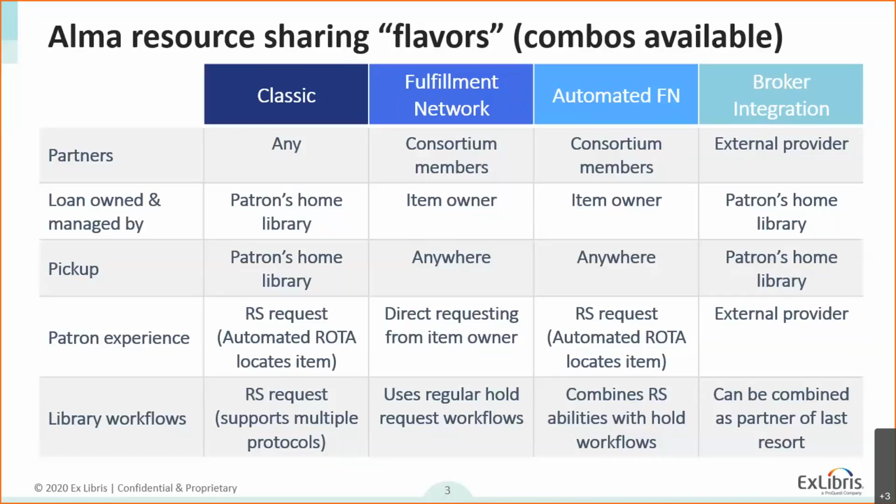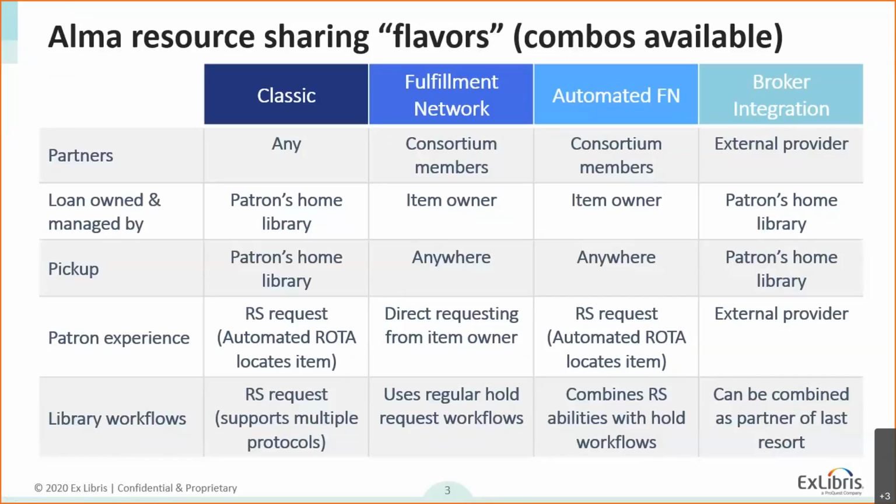My home library will have a borrowing request, but if it's sent out to Automated Fulfillment Network partners, they will have a hold request and provide the materials for the patron directly, a little more tight-knit relationship. And brokers, we have a lot of integrations with brokers, usually as a partner of last resort.